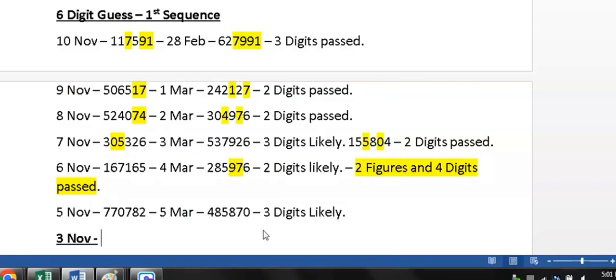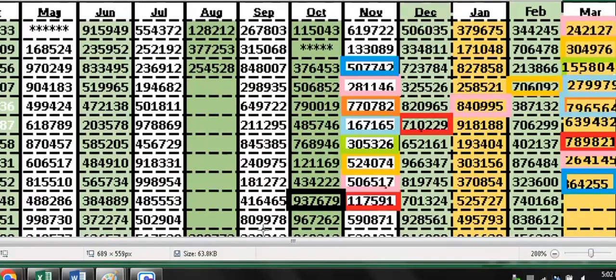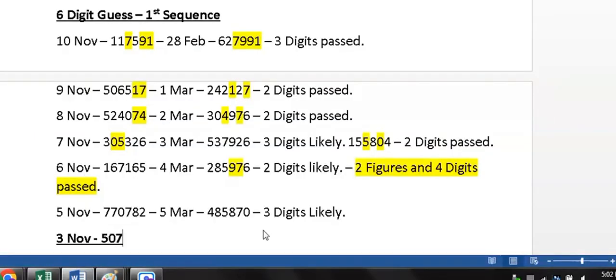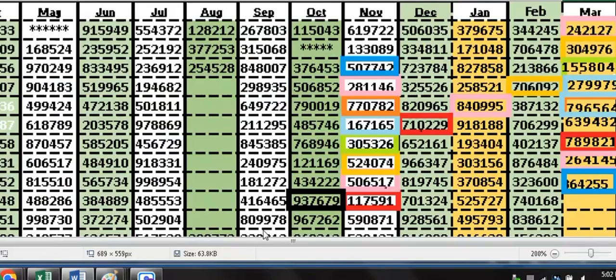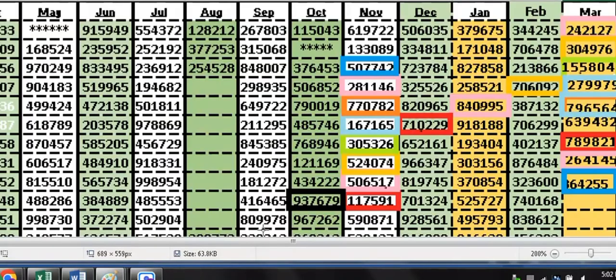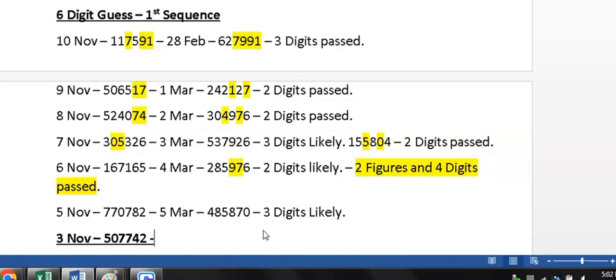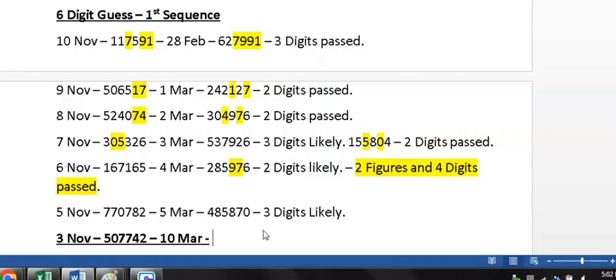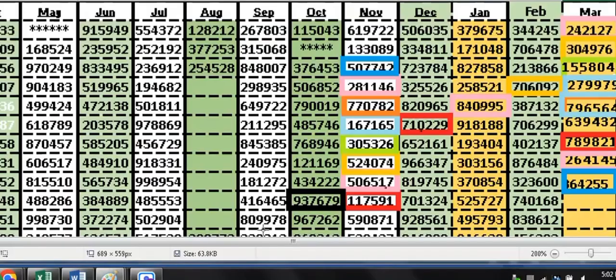Here you can see I'm updating the 3rd of November against the 9th of March. Ideally this was 9th of March, not 10th of March.